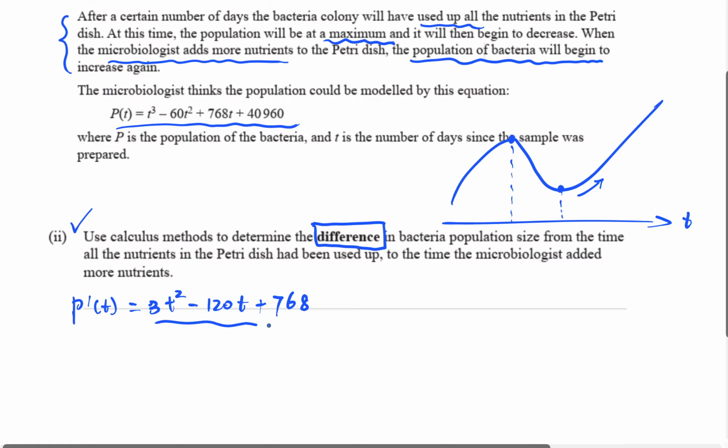I'm going to let this formula equal 0 to figure out the local maximum and minimum. Solve this equation by hand. Divide both sides by 3: t squared minus 40t plus 256 equals 0.